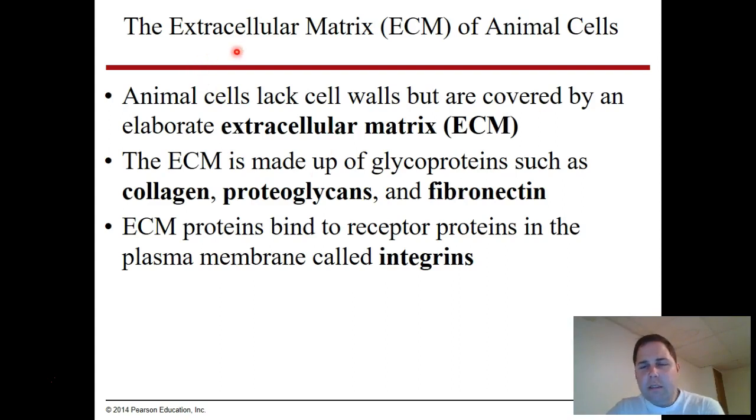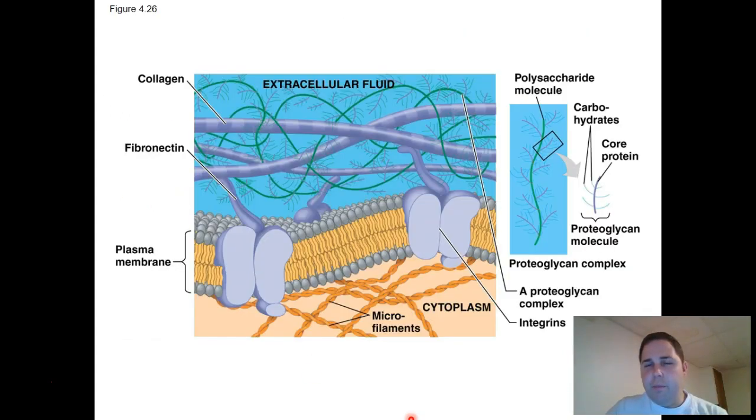In animal cells, instead of having a cell wall, we have what we call an extracellular matrix. This is made up of various glycoproteins, so combinations of carbohydrates and proteins. Collagen, proteoglycans, and fibronectin are among these. The important thing you need to know is this just exists outside of the cell.